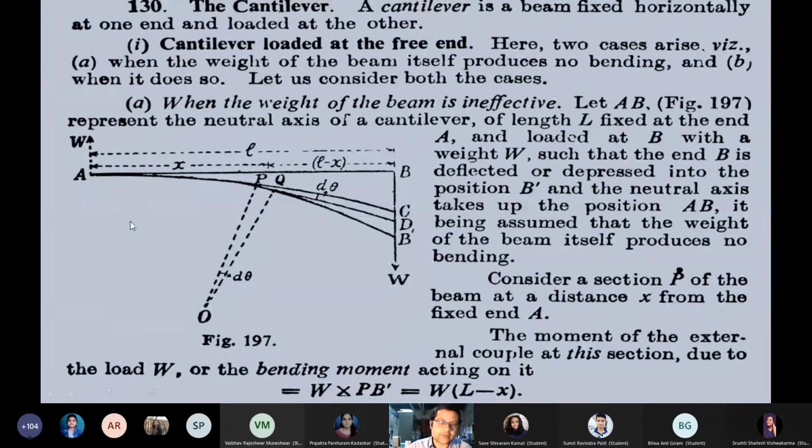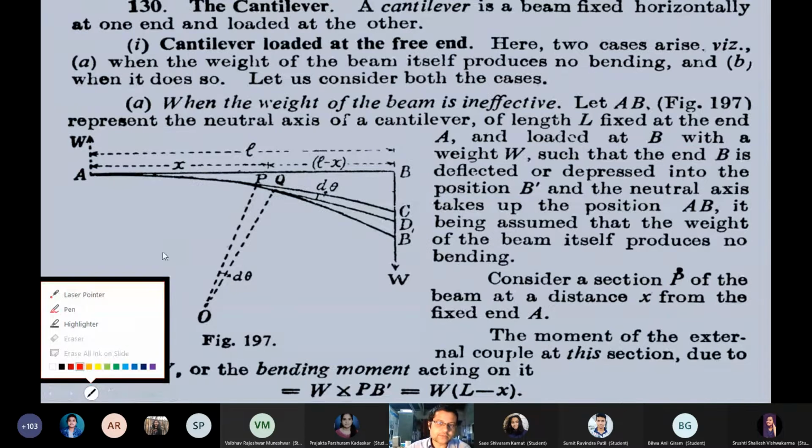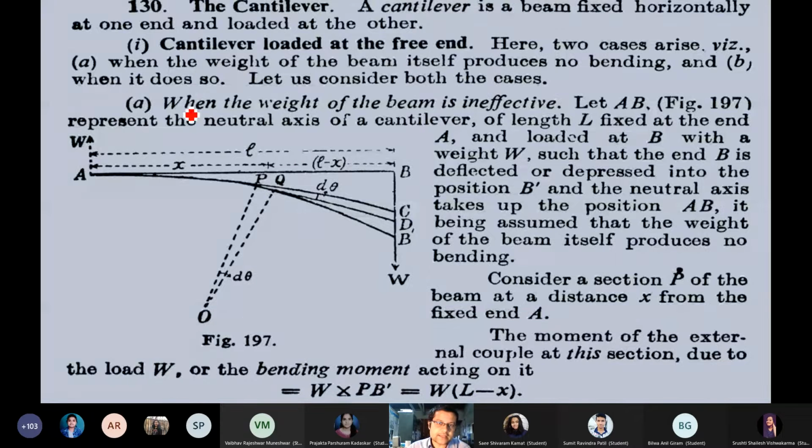Here I'm talking about a particular case, where suppose you have three cases: the cantilever gets bent when you put a certain weight, or because of its own weight, or when we put a certain weight across it. That's what we are going to discuss.